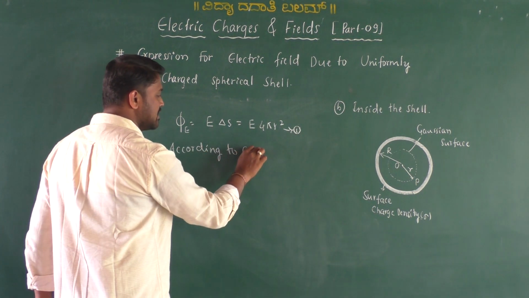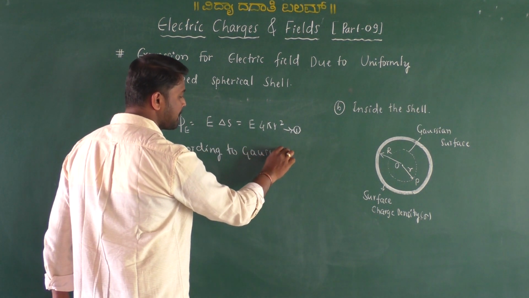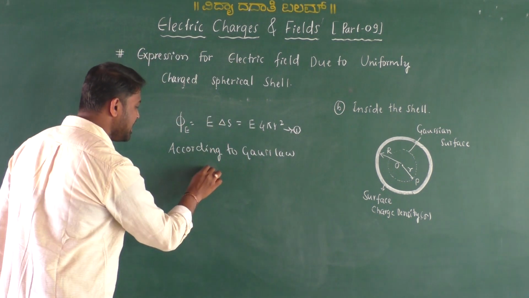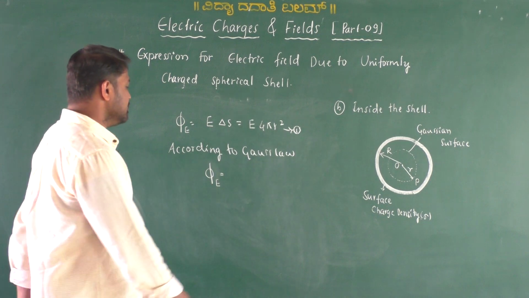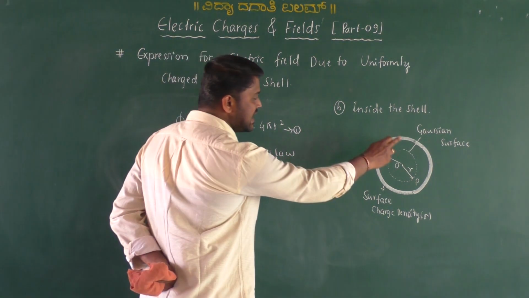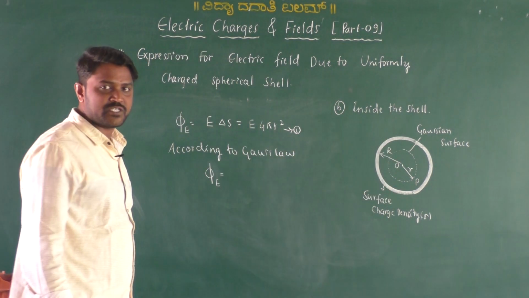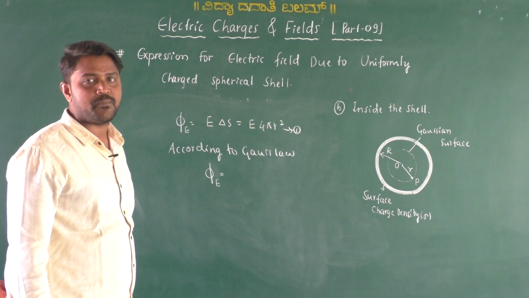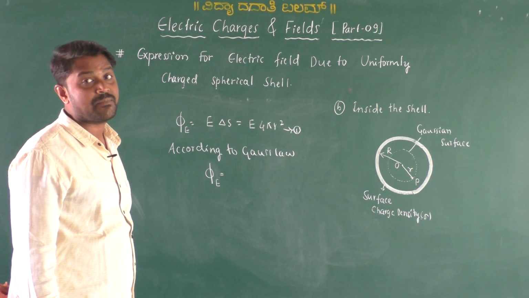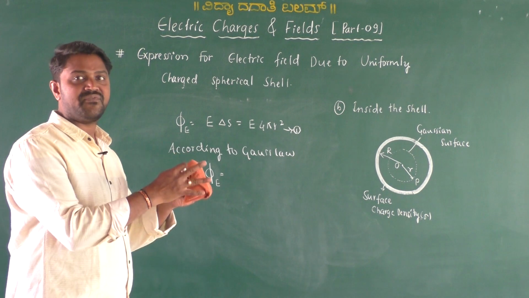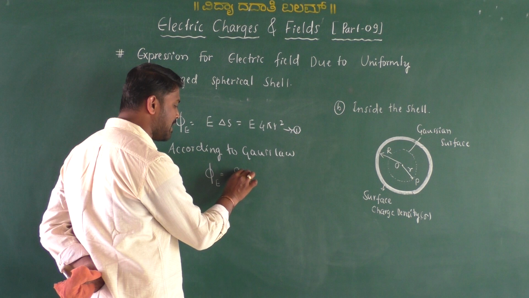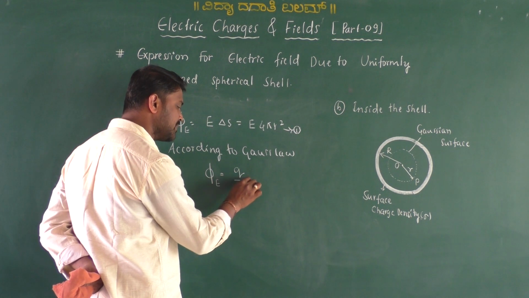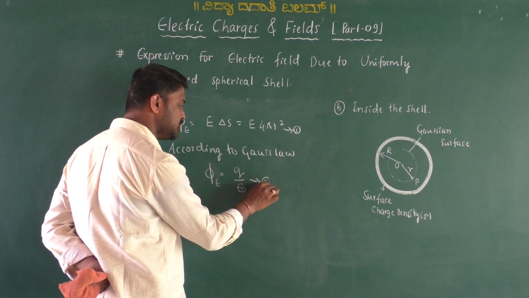According to Gauss law, phi of E, the total electric flux enclosed by the surface, equals 1 upon epsilon naught times the enclosed point charge. So according to Gauss law, Q by epsilon naught. This is equation number 2.